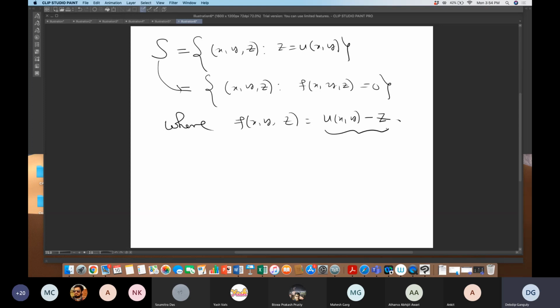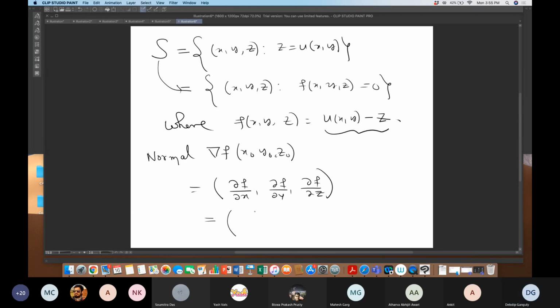Now you know that for the level surface, the normal at the point x naught, y naught is the gradient of f. That means it is del f by del x, del f by del y, del f by del z. Now explicitly f is u of x, y minus z. So what is del f by del x? Anyone? Ux.